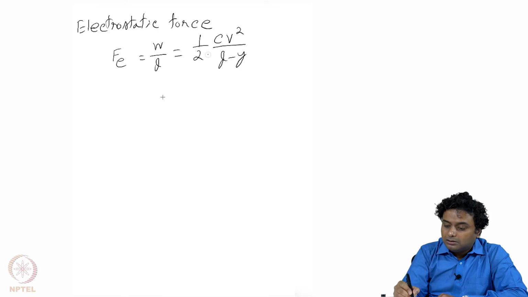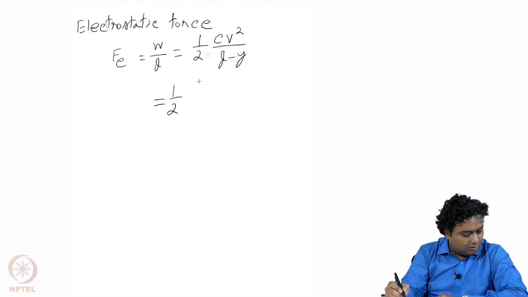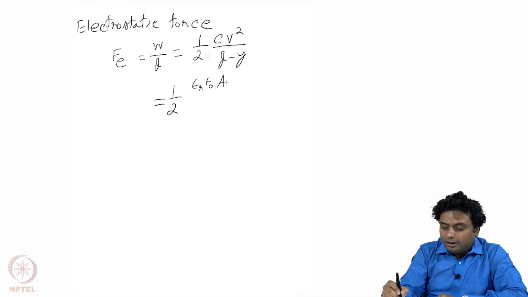And C can also be written as epsilon r epsilon naught A divided by the gap, that is d minus y.